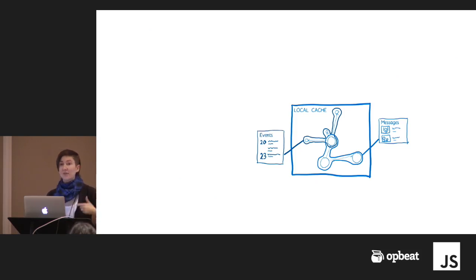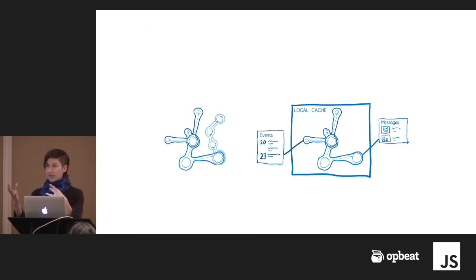It also makes it possible for you to reduce the size of queries that you're sending up. So let's say you have your data in this local cache now, and you've gotten to another page, and you need to get a little bit more data in order to render this page. But you already have most of this data in your local cache, so you don't really need to download it again.